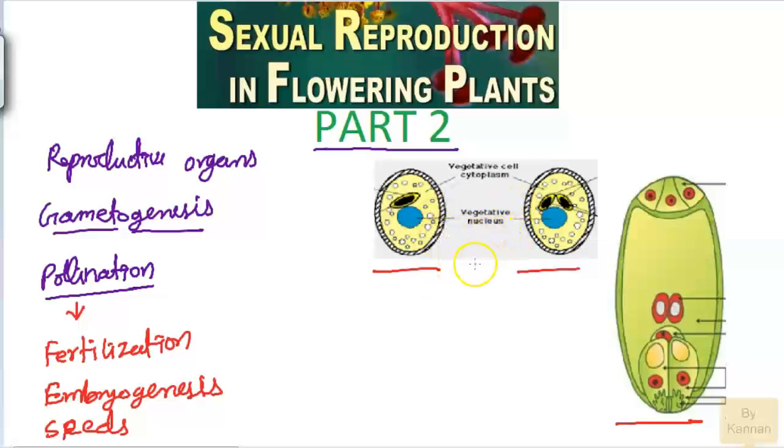About 60% of plants have the first kind, which has only one generative cell, so only two nuclei inside the pollen grain. The remaining 40% of plants have pollen grains with two generative cells and one vegetative cell. These kinds of pollen grains are produced in the plants.